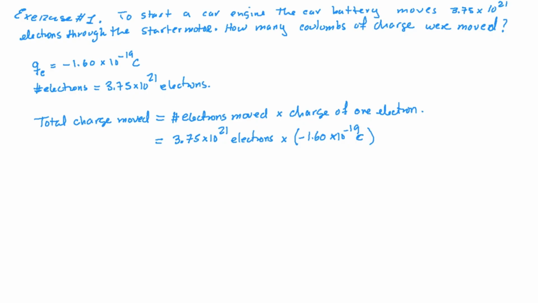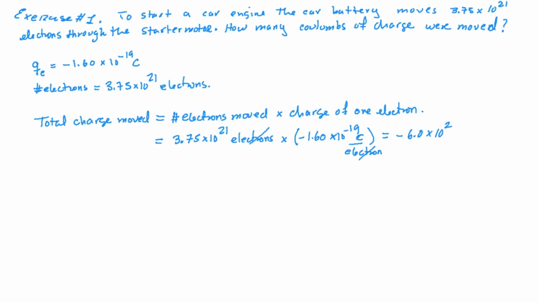So the electrons are going to cancel out. And when you multiply this, you will get negative. So the total charge moved is negative because what we're moving were just electrons, right? And this total charge would be negative 6.0 times 10 to the second, so minus 600 coulombs.